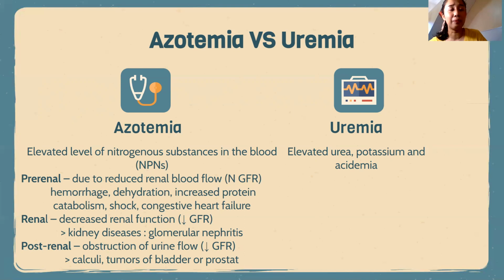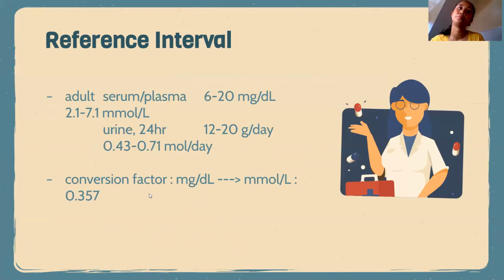And class, NPN also increases when there's obstruction in the urethra or ureter, in cases of calculi, kidney stones, or tumor in the bladder and the prostate. It also raises NPN because the obstruction prevents release in the urine. Please take note: azotemia versus uremia.